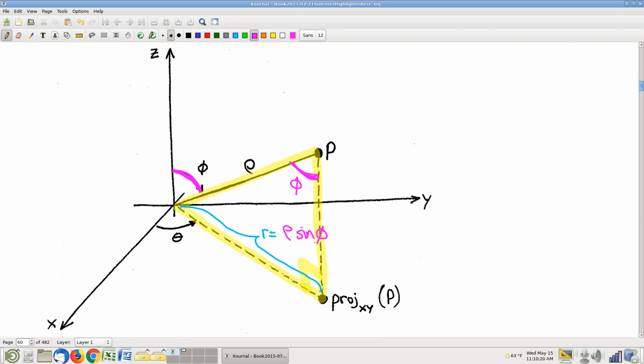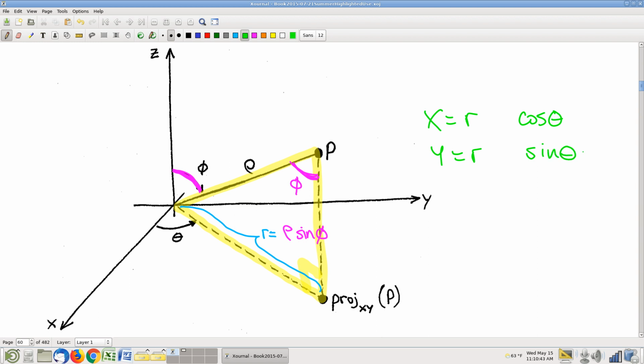That's a really handy thing to remember because it allows us to instantly write down x and y coordinates. Don't forget, we already know x is r cosine theta. Here, let me write this a little bit differently. x is r cosine theta, and y is r sine theta.